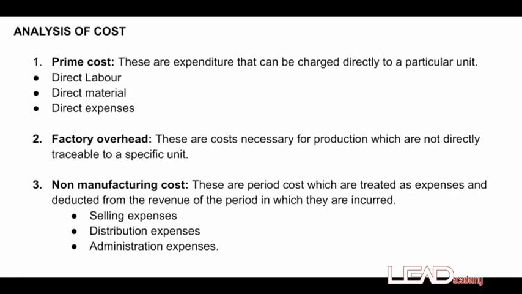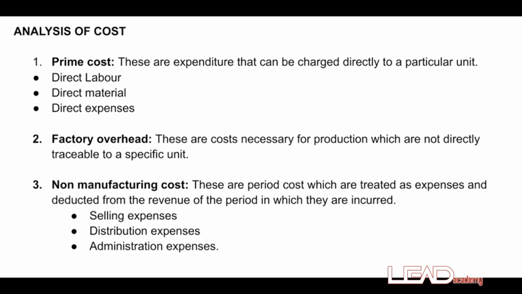We also have the analysis of costs, which will throw more light on when we are solving a question on manufacturing accounts. So we have the prime cost. Now these prime costs are costs or expenses that are directly charged to a particular unit.